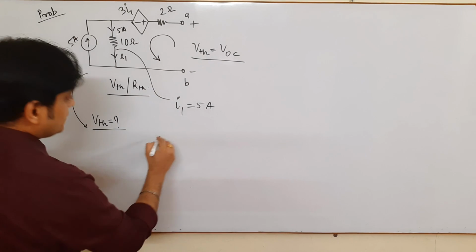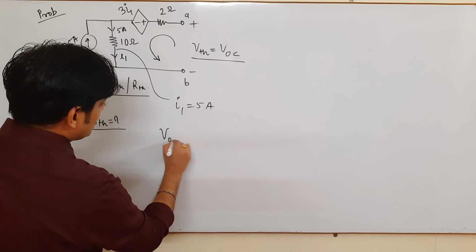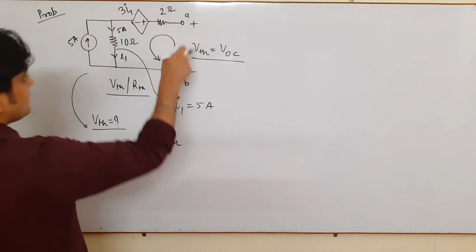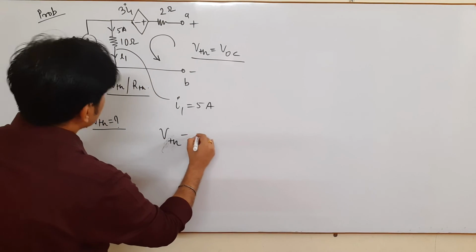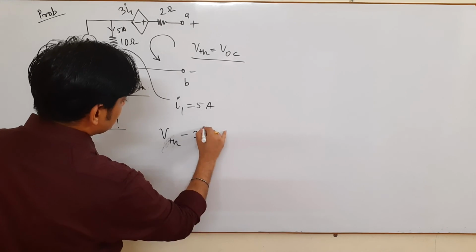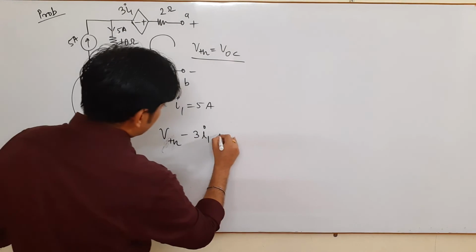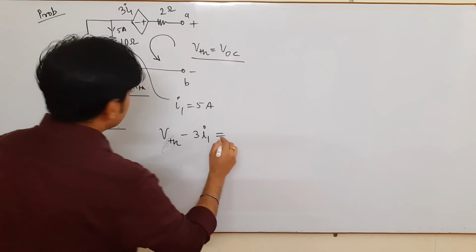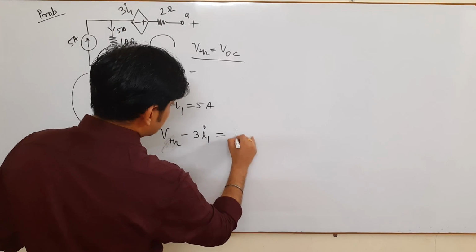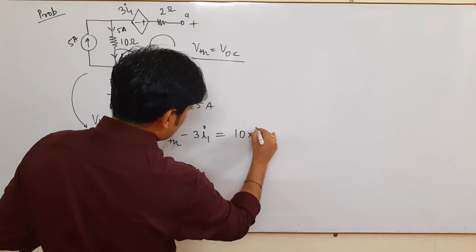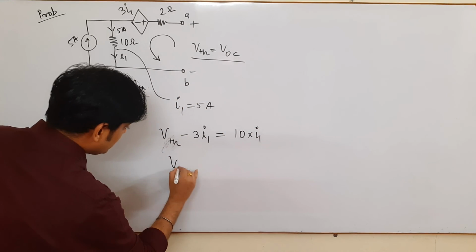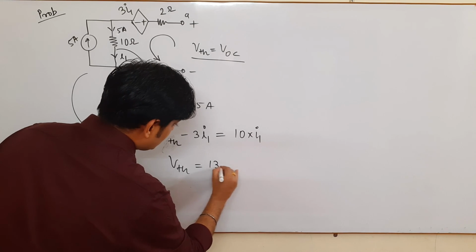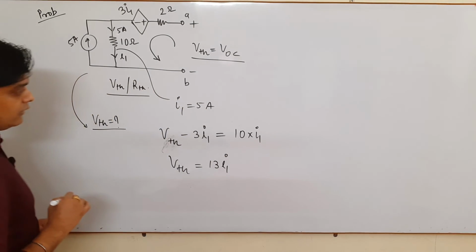So minus to plus, that is VOC, or you can say VTH, minus of 3I1, should be equal to the following. There is no current in this 2 ohm resistance. Whatever current is flowing is in the 10 ohm resistance, which comes to be 10 into I1. So VTH is equal to 10 and 3, that is 13 of I1.